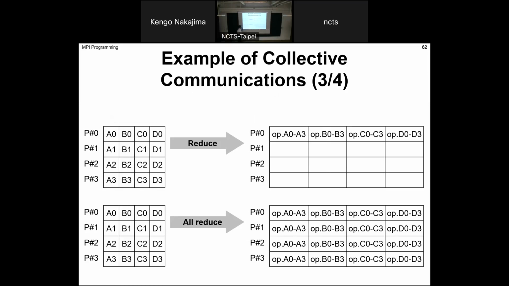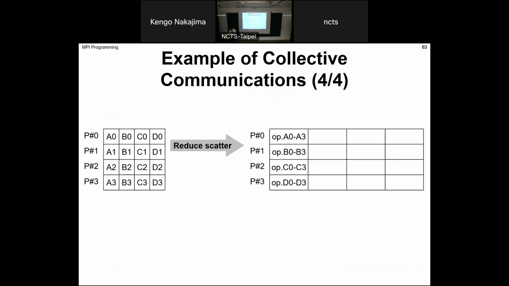But in the case of all-reduce, it's a combination of reduce and broadcast, and all the processes have the same copy of the result. I'll talk about the reduction part probably tomorrow. There's also a function that combines reduce and scatter. Actually, I have never used this.